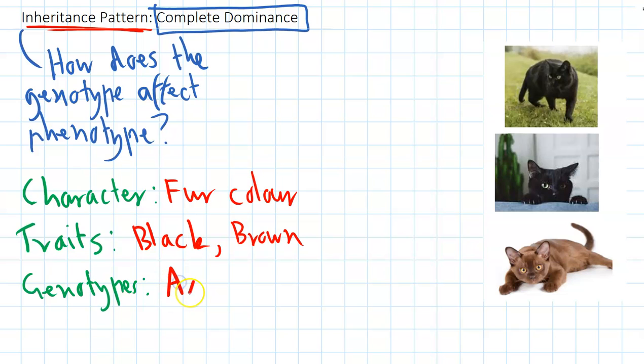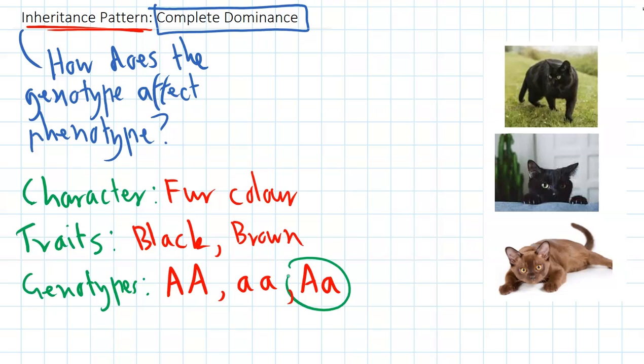So we had big A, big A. We can also have small a, small a. So they're both homozygous. We can also have heterozygous as well, which we didn't talk about last time. But that's the important one when we're talking about complete dominance.